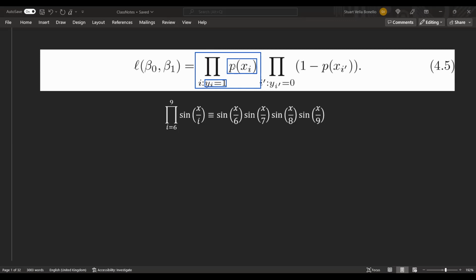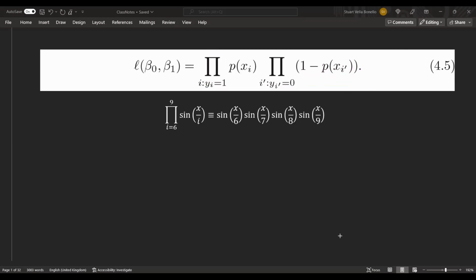The probability of what? The probability of default. And over here, you're multiplying the remaining, roughly 9,600 probabilities. These did not default. So we don't speak of probability default, but we speak of 1 minus the probability of default.